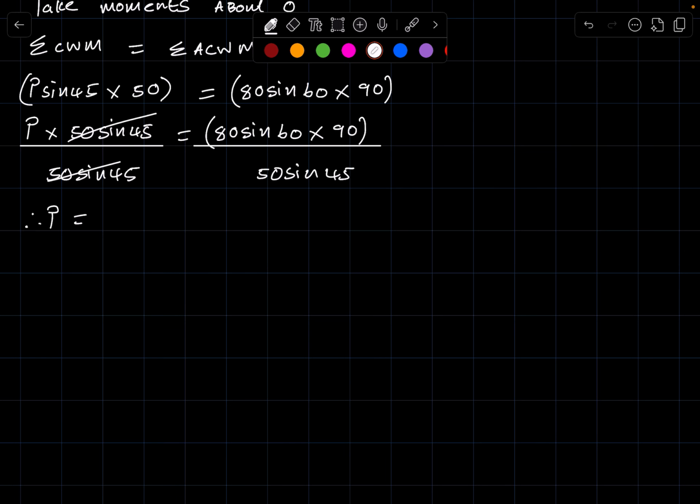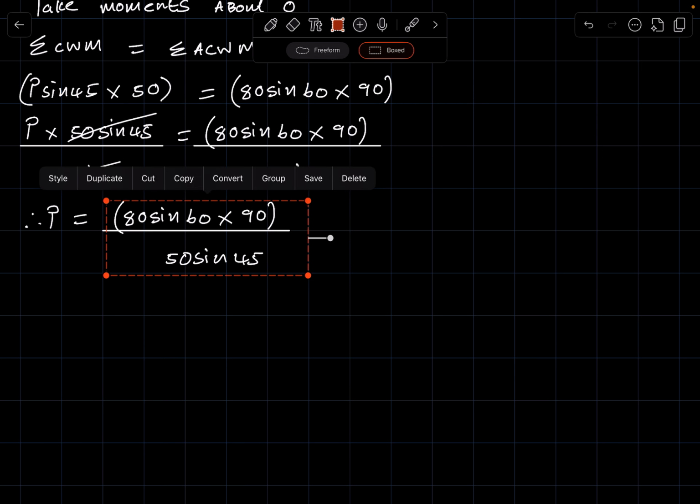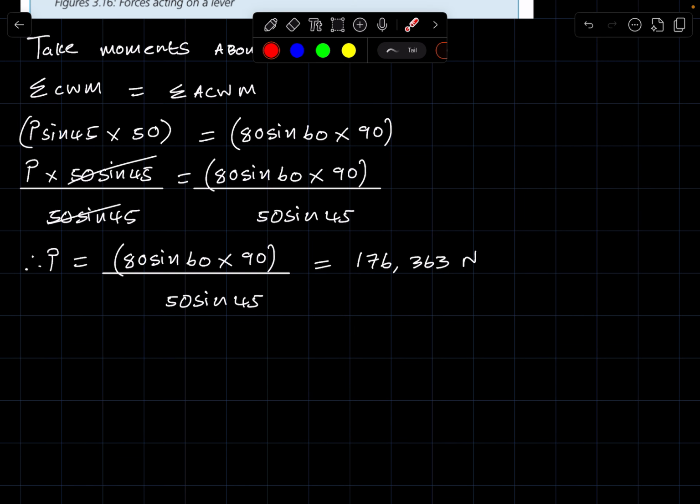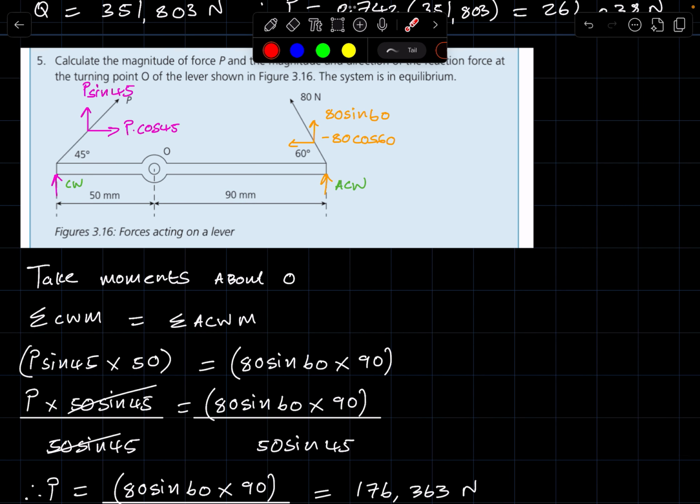Therefore, P is equal to this. If you punch this in your calculators, you are going to get 176.363 newtons. So this gives us the value of P.